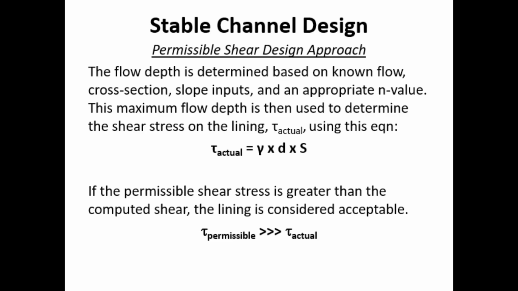The designer determines the maximum flow depth expected in the channel based on the known channel flow, cross-sectional area, longitudinal slope, and approximate roughness. Using the maximum flow depth, the actual flow-induced shear stress is then determined. The permissible shear stress of the candidate channel lining must be greater than the actual shear stress to assure channel stability.